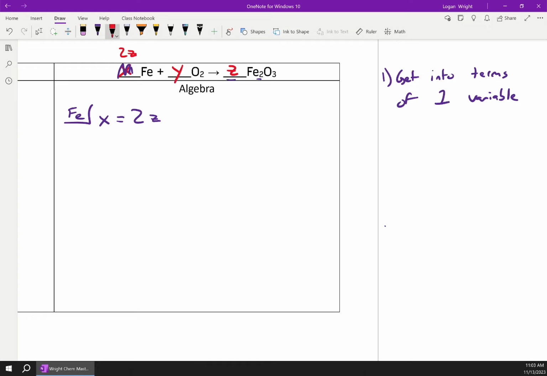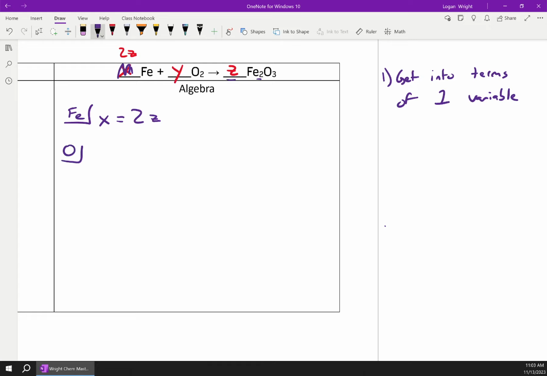So this is what I mean when I say we're trying to get everything into terms of one variable. Now I know that whatever coefficient goes into the right side of iron oxide, I'm going to have a number that's twice as big for iron. This is everything I can learn from iron.